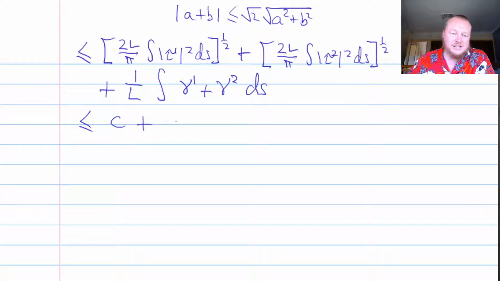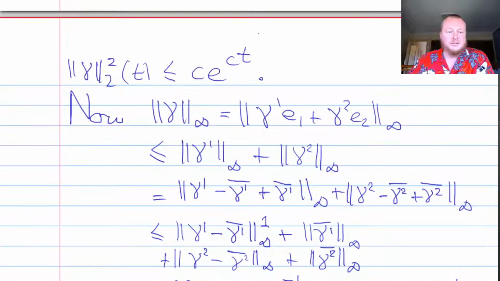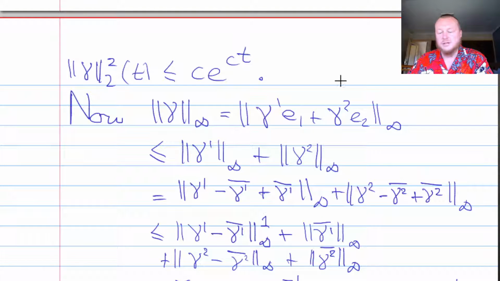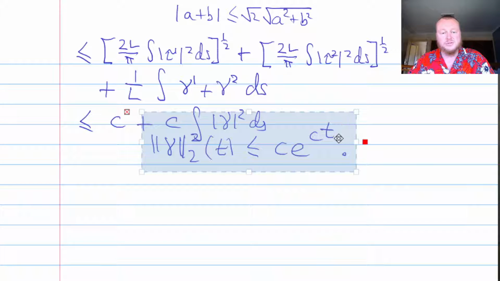And I'll just put a c here. Okay, we're going to use these as our a plus b's. And then, of course, the square root of this squared plus this squared is just the definition of the norm of gamma squared. And now if you look back here, you'll see that we have an estimate from step 1 exactly for this purpose.